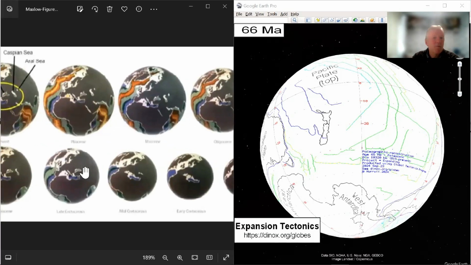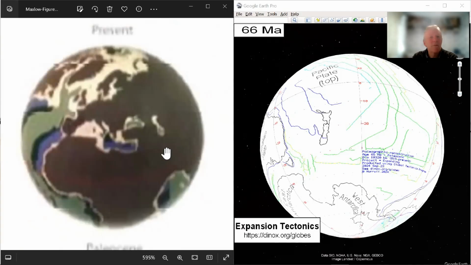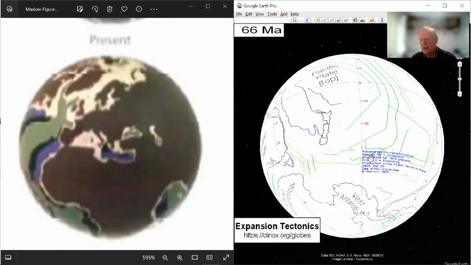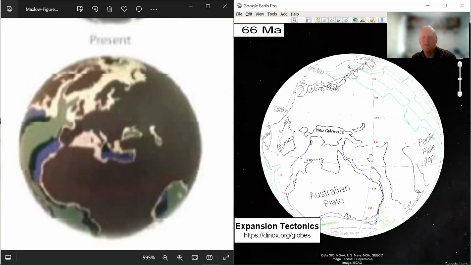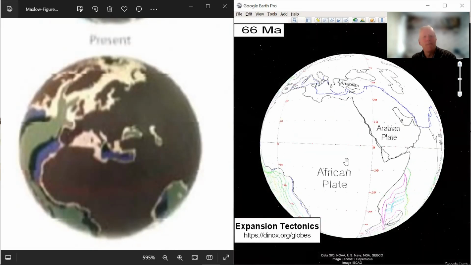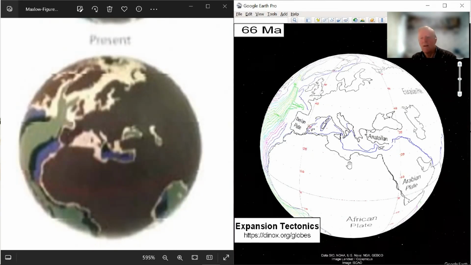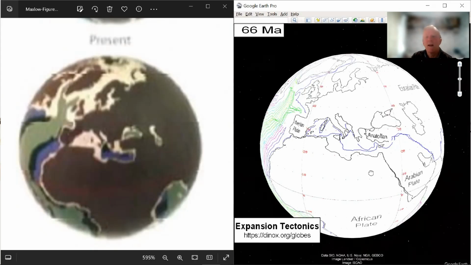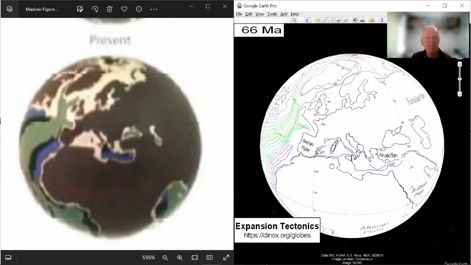So that's one. And we've already looked at these, really, haven't we? Having a look, see if we can spot anything. And yeah, that looks pretty similar again, particularly around the Mediterranean area I'm looking at.